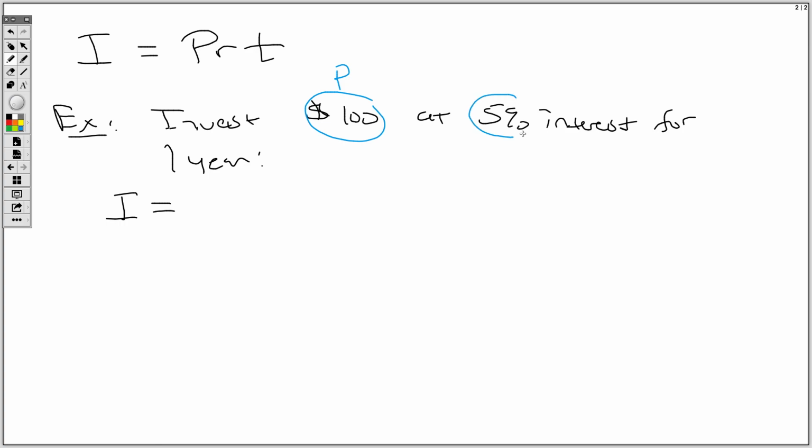The rate is 5%, and once again, we assume these are 5% per year. So that would be as a decimal 0.05, and the time here is 1 year.